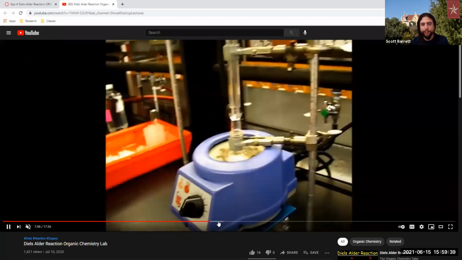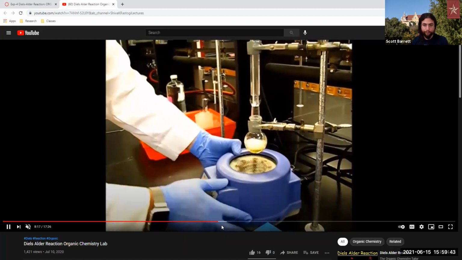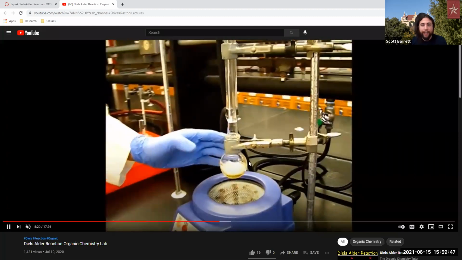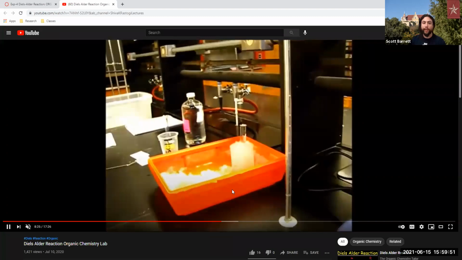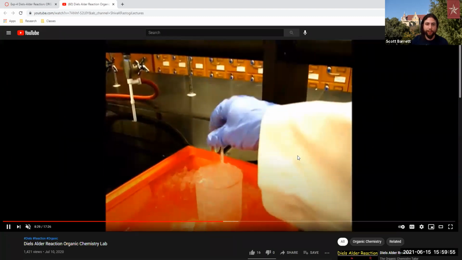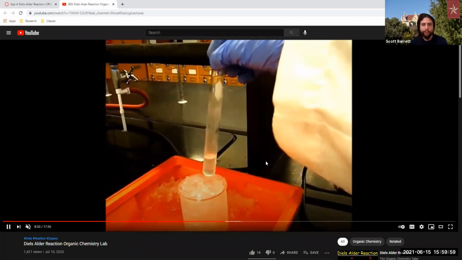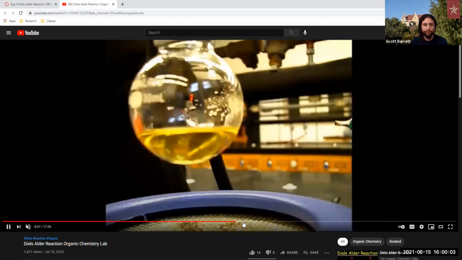And then after 30 minutes, we're going to go ahead and remove this. And as you see, it's so hot, it's still refluxing without even having the heating mantle on there. That is why we need to make sure to allow it to cool to room temperature. And then, of course, we have our xylene test tube over here cooling, just the xylene in there, so that we can utilize it going forward for our filtration and purification.